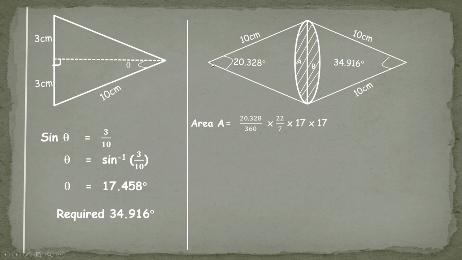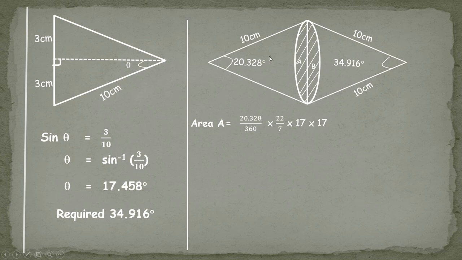I will simply get the area of this sector minus the area of this triangle.